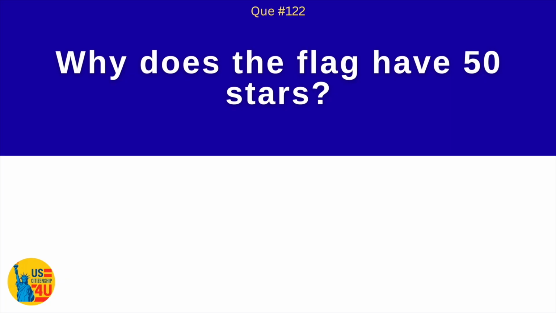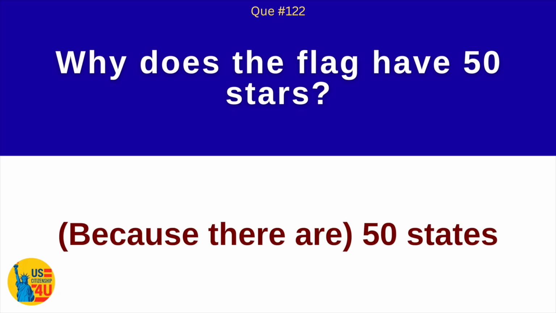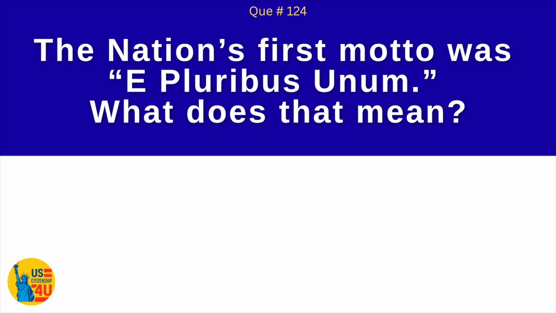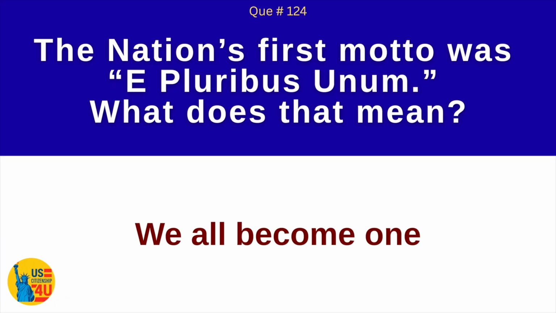Why does the flag have 50 stars? Because there are 50 states. The nation's first motto was E pluribus unum. What does that mean? We all become one.